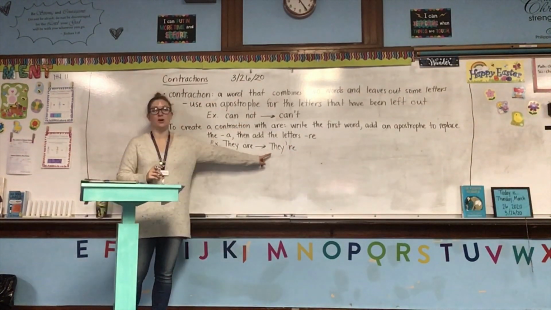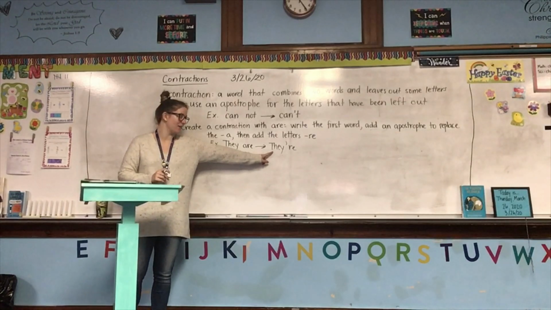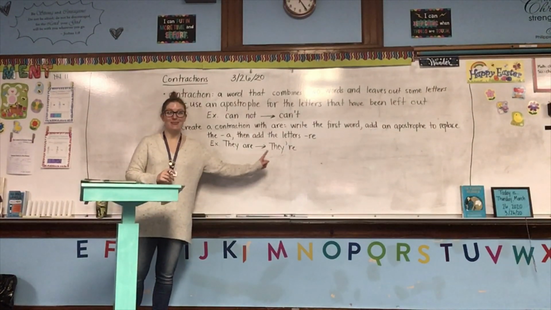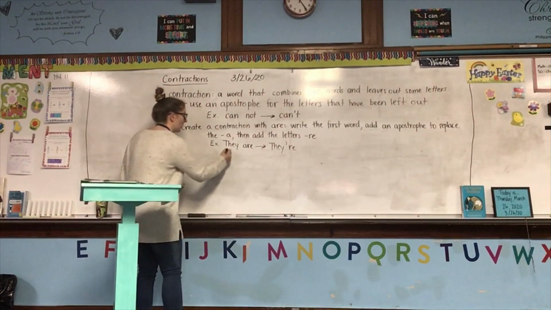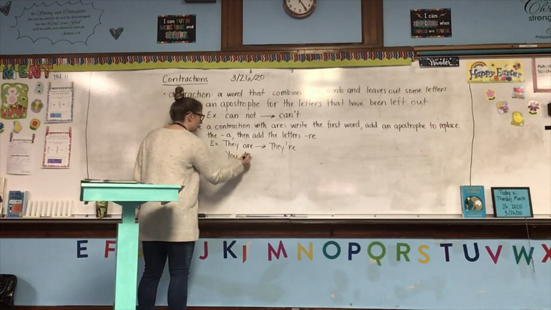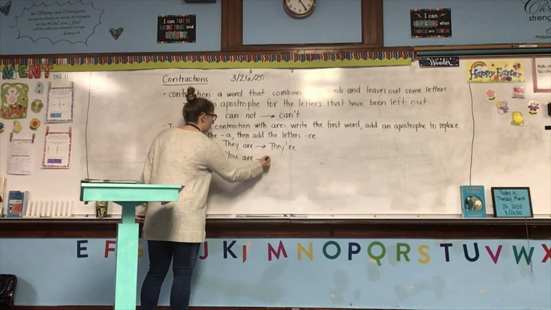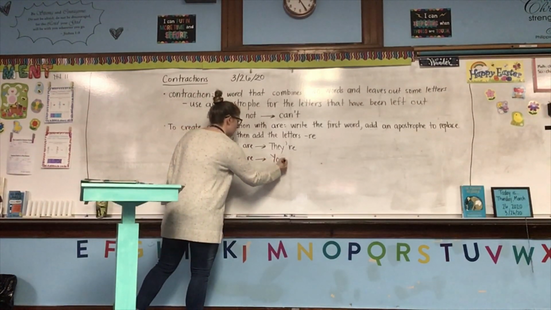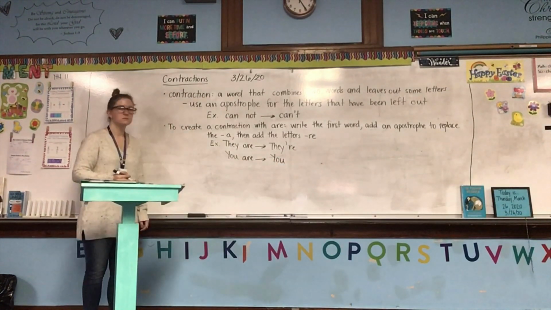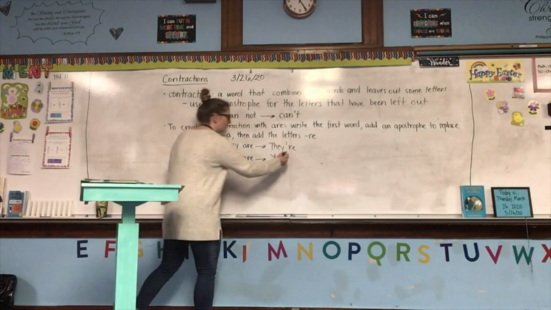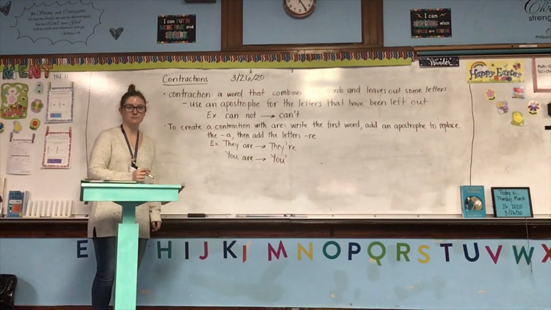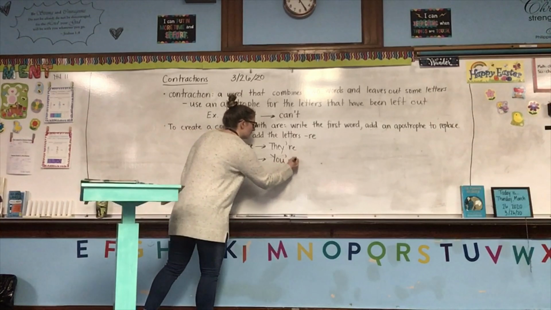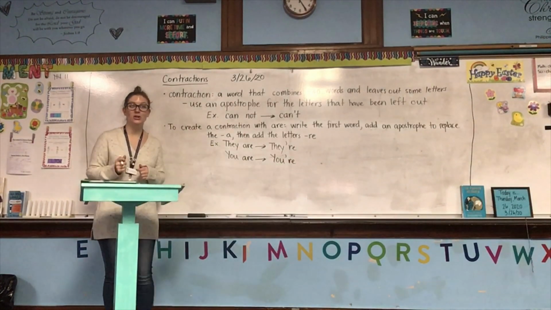Now this is going to come up in just a minute. They are becomes they're. You are, well, we write the first word, which is you. Then we add an apostrophe to replace the A, and then we write R-E for you're.